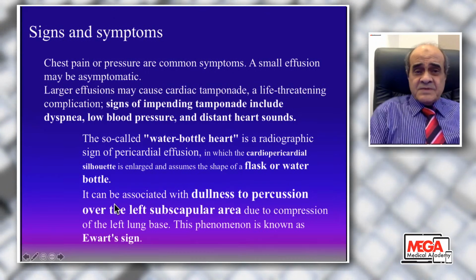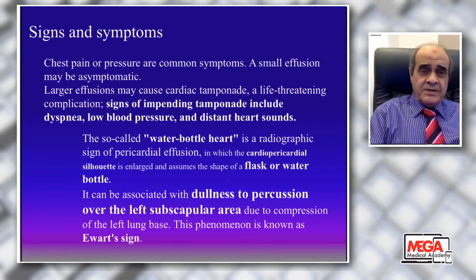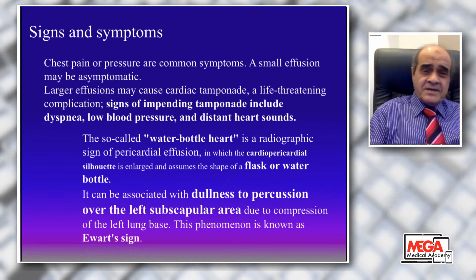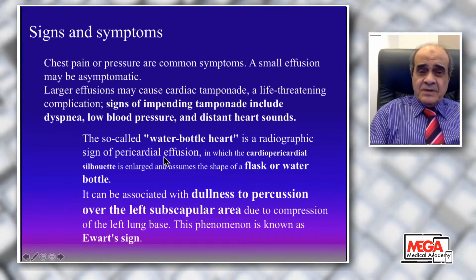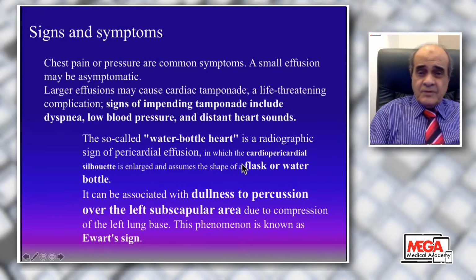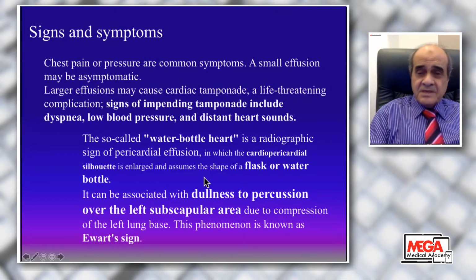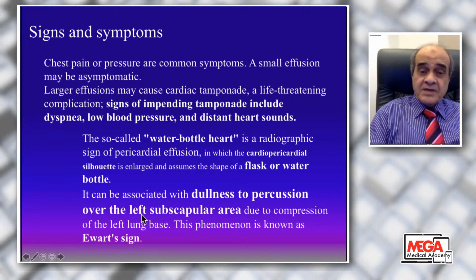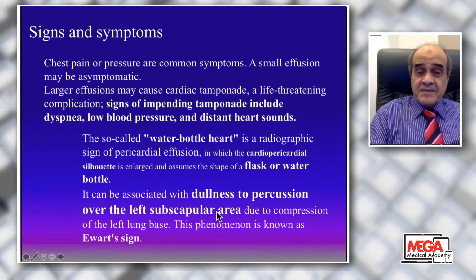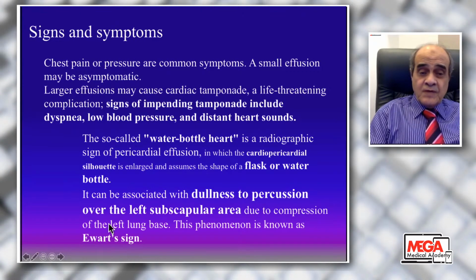Signs and symptoms of impending tamponade include dyspnea, low blood pressure, and distant heart sounds. The X-ray will give you a picture of a water bottle or flask-shaped heart, and dullness to percussion over the left subscapular area, which is called Ewart's sign.